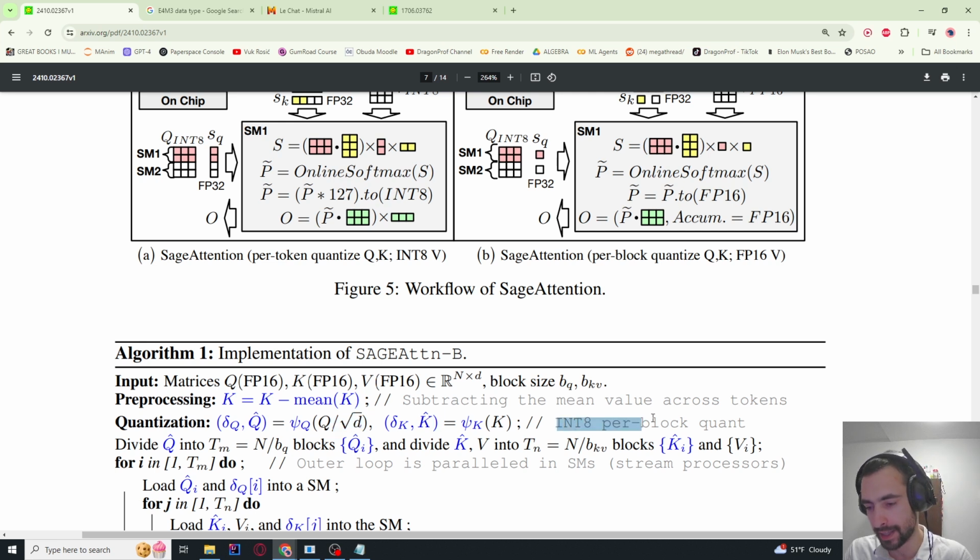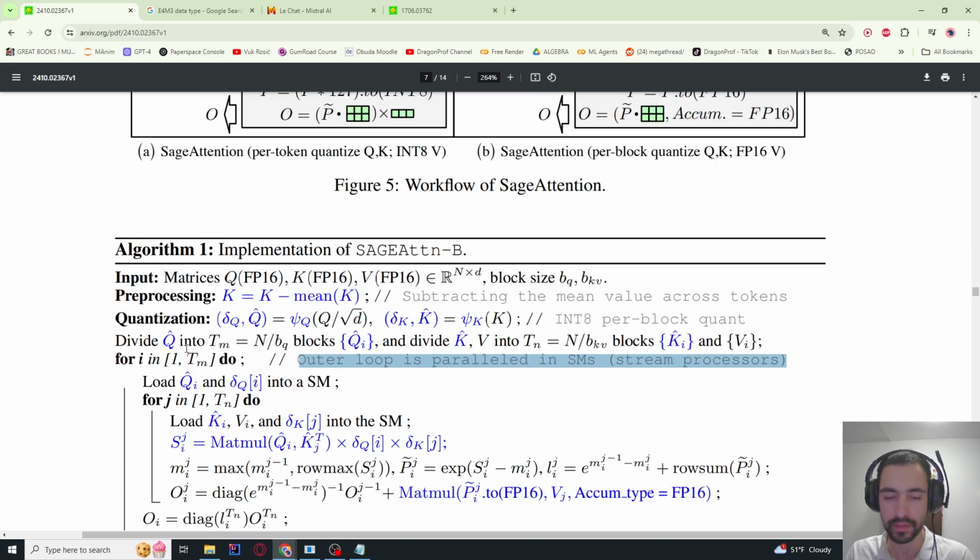So they use int8 per block quantization for these ones. Then they divide Q quantized into N over B_Q blocks, and then they get Q quantized i, where i is the iterator for each block. And they also divide K quantized and V, which is not quantized, into N over B_KV blocks. So KV is the dimension, and they get K quantized i and V_i.